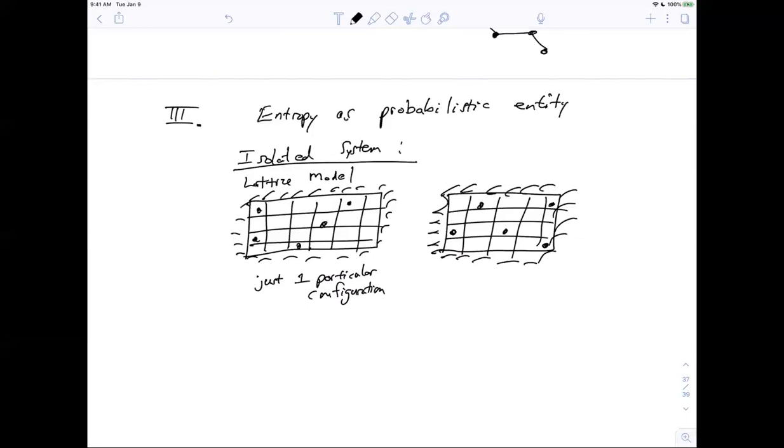All you see is this water, and to you it looks like nothing is happening. Yet at the microscopic level, meaning molecular level, you have many arrangements that are possible. And so this is just another particular configuration of the system.